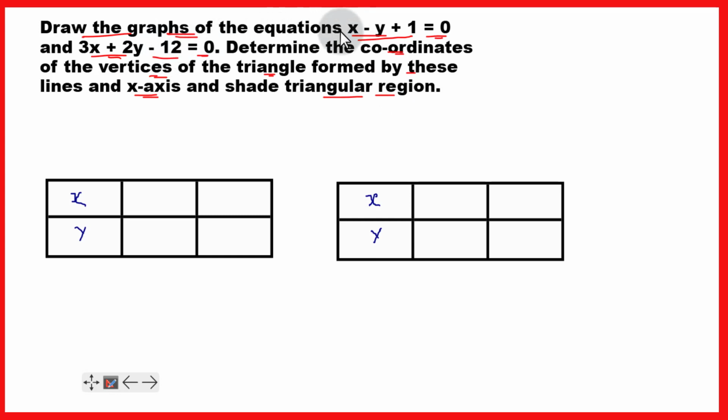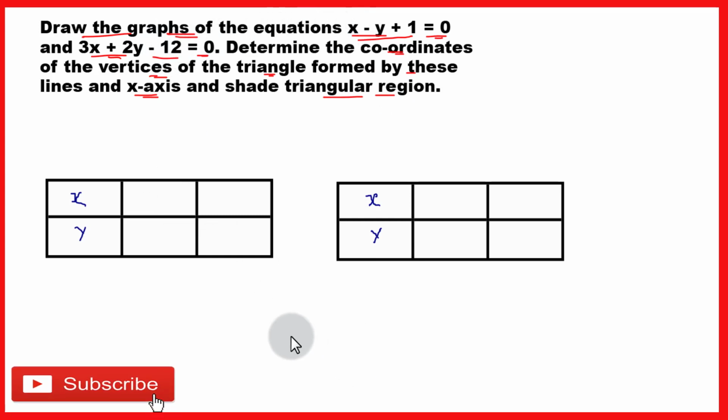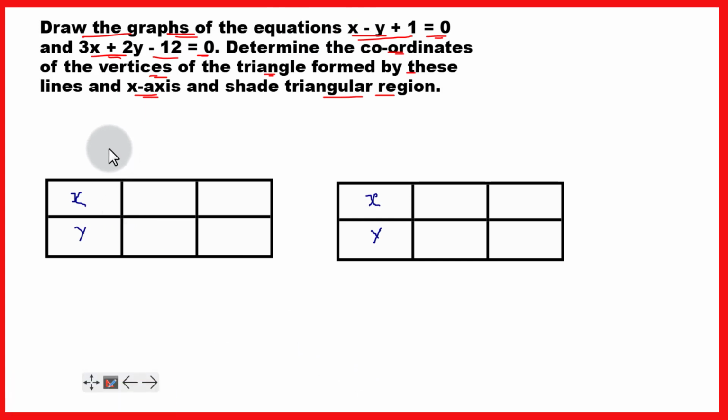Here first of all you have to draw the graphs of these given equations. The equations are x minus y plus 1 is equal to 0, and another equation is 3x plus 2y minus 12 is equal to 0.